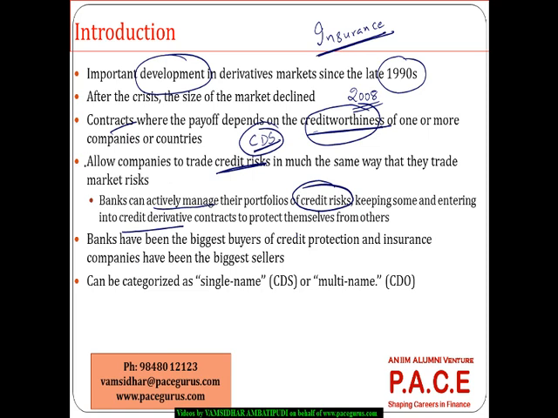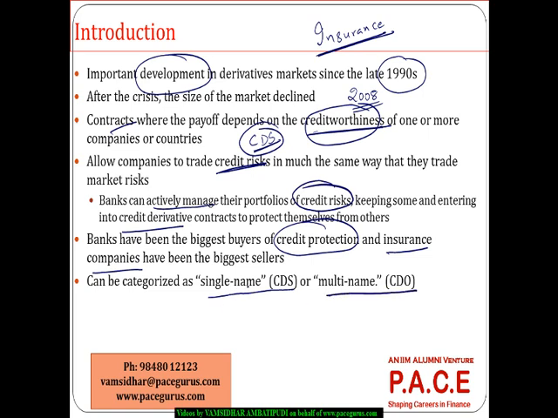That is where banks are one of the biggest buyers of credit protection. They are the active players in the credit derivatives market as protection buyers, whereas insurance companies have been the biggest sellers. Broadly, we see credit derivatives under two categories.